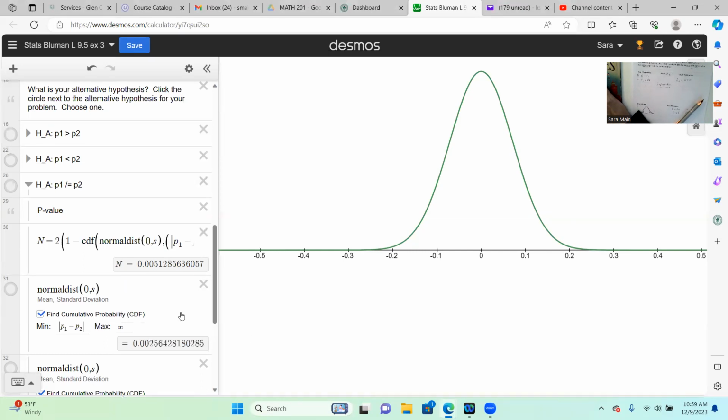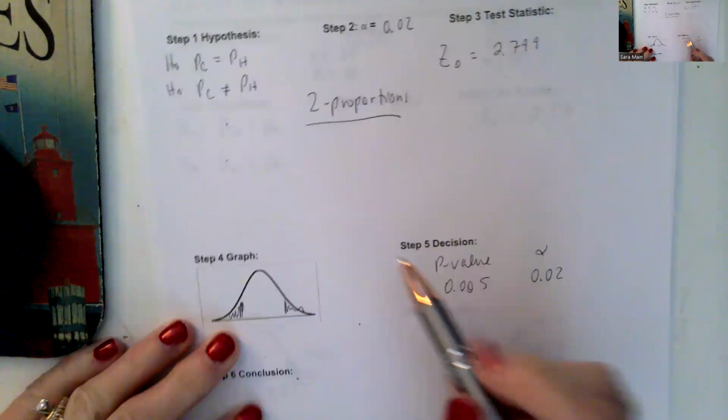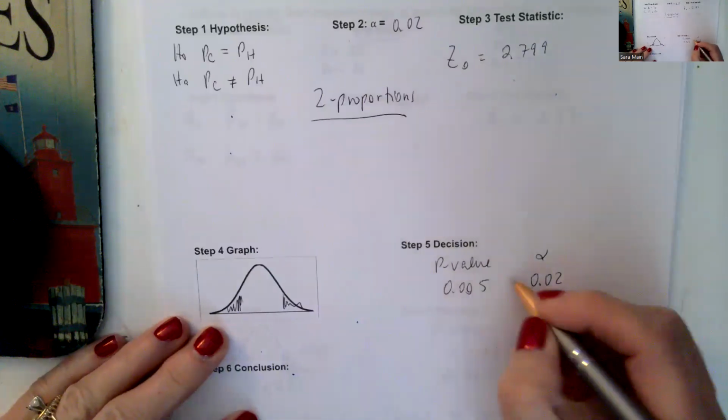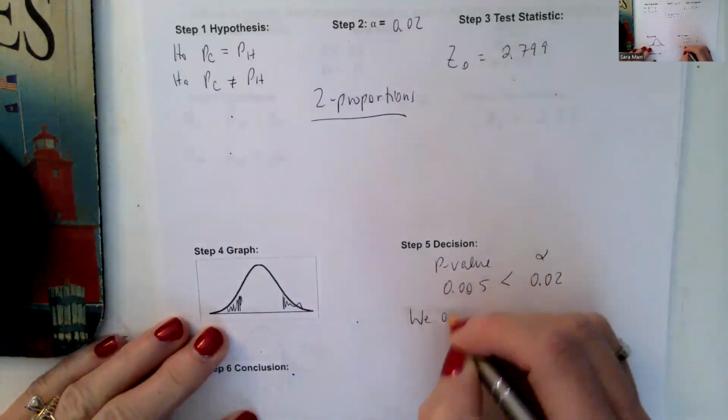So we can go back to our paper, and we do have a test statistic that's pretty far out there, and our p-value is less than our alpha, so we do reject H0.